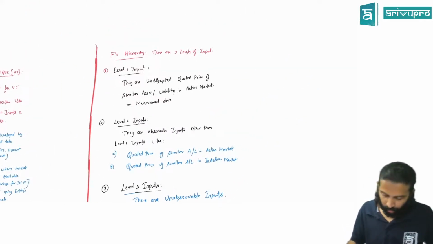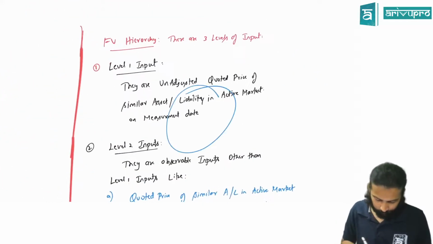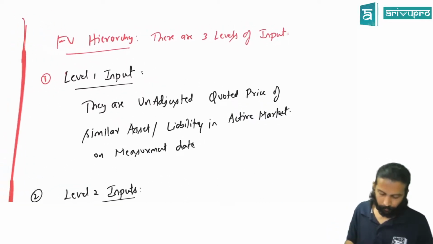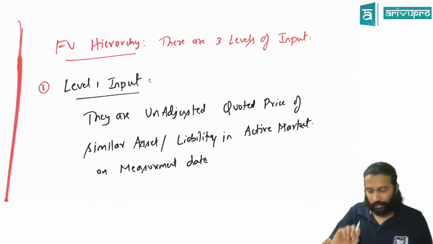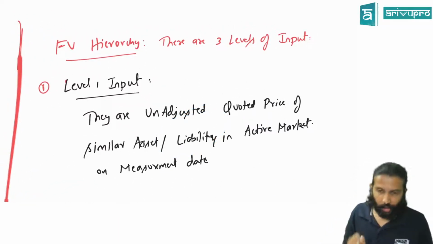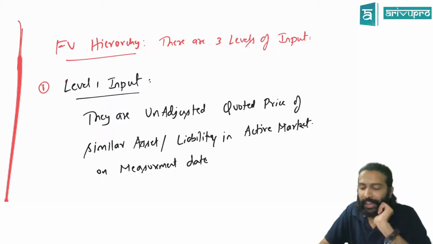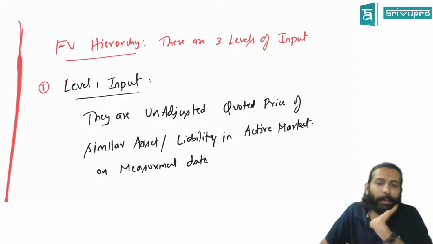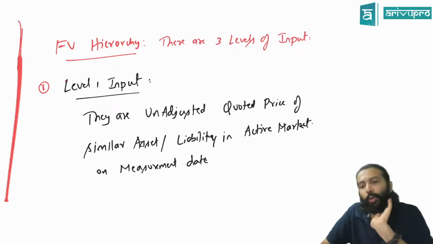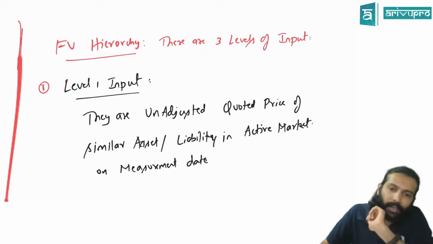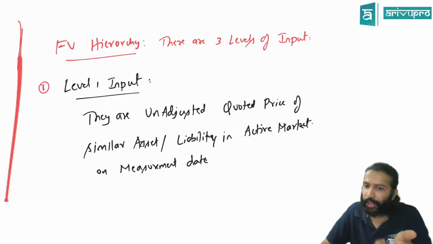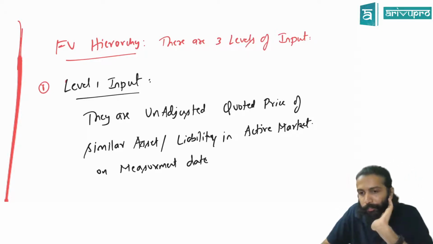Okay, can we spend a minute on this and see what it is? So obviously for valuation technique we need inputs, correct? First input is Level 1 input. Like in that example of Wipro we gave, we assumed Wipro is an unlisted company. Then we have to take a similar company's fair value. We assumed it as Infosys.